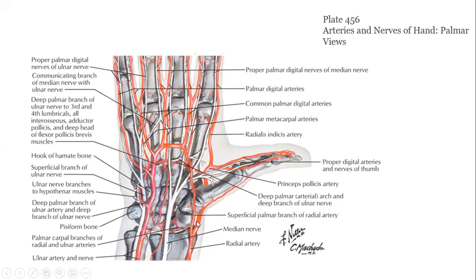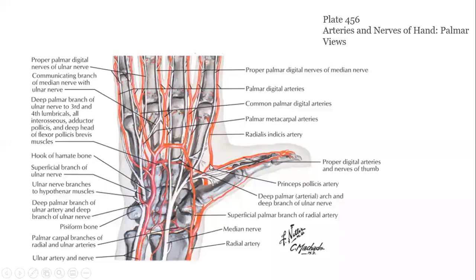Other important blood vessels that I want to point out in this picture. If you continue on with the radial artery, you can see this artery right here. This artery is your princeps pollicis artery, literally translating into principal thumb artery. So the thumb gets its blood supply from the radial artery.